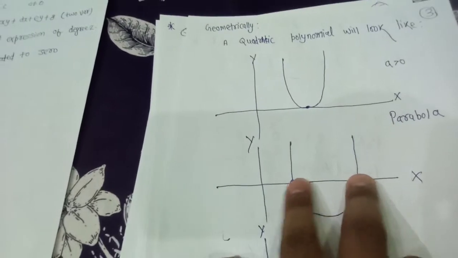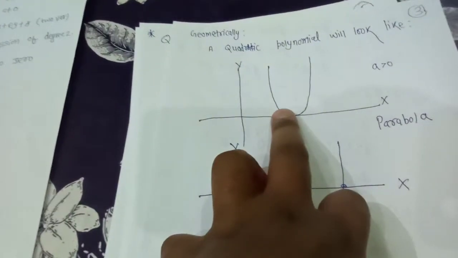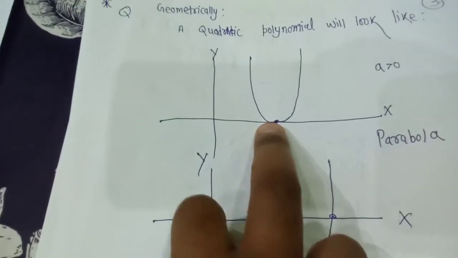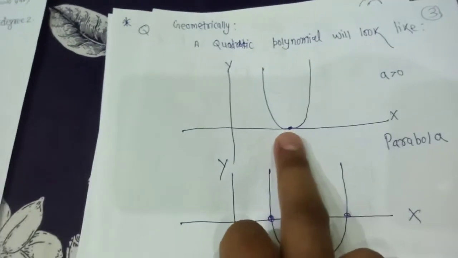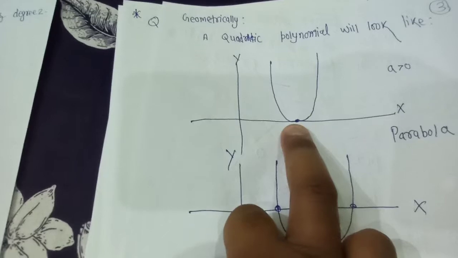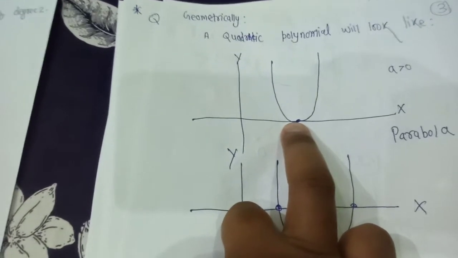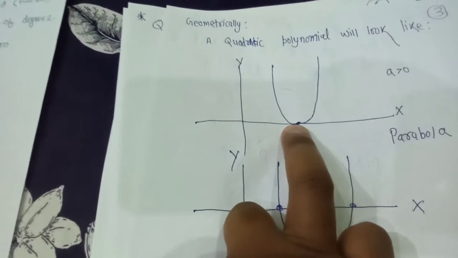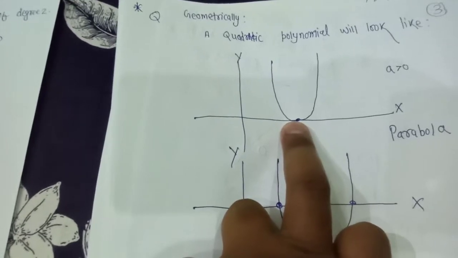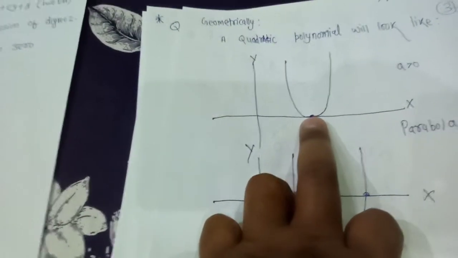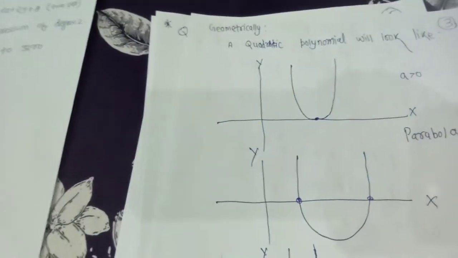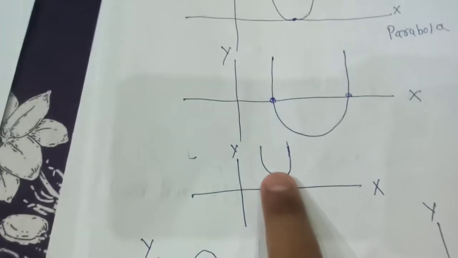These two are the zeros of the polynomial, and this is also the zero of the polynomial, but here it is intersecting the x-axis at only 1 point. So the quadratic polynomial will have two identical zeros, and here there will not be any zero.